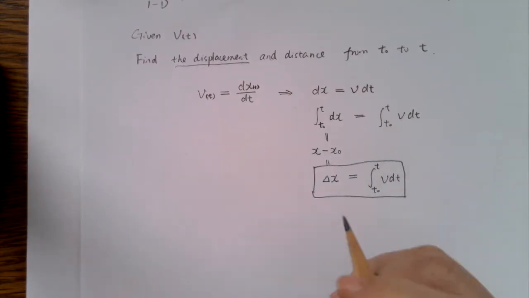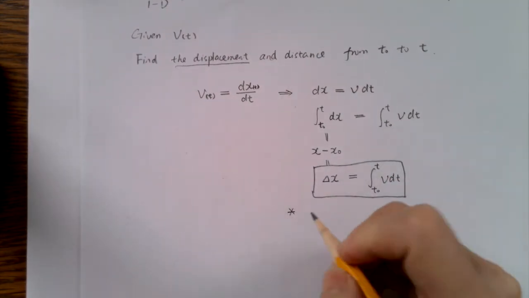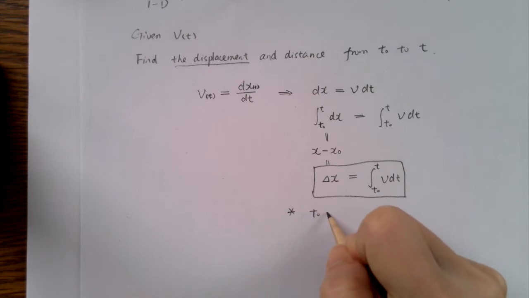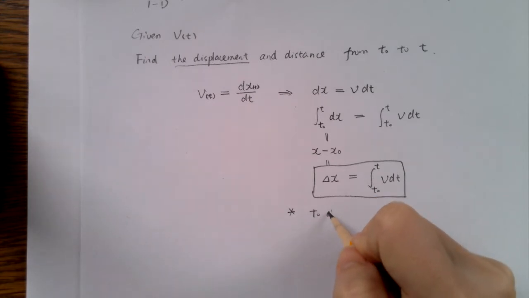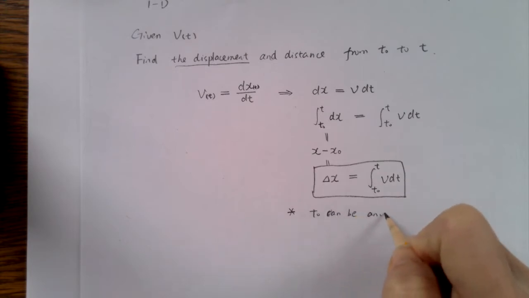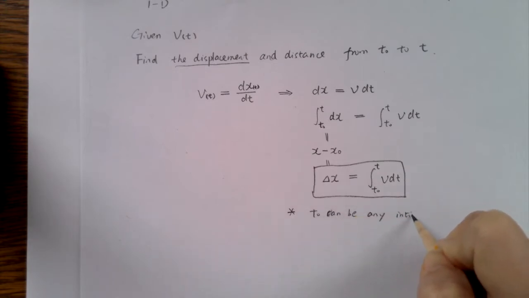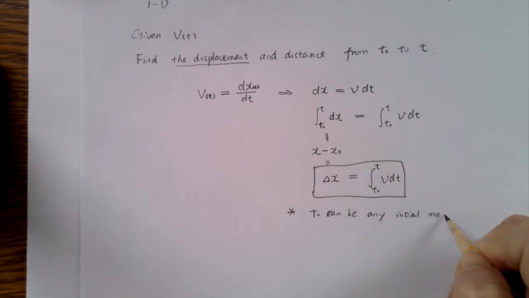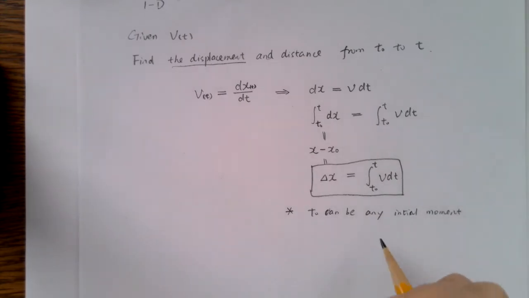So there are two things I want to remind you. I put star here. First, t sub 0 does not need to be 0 all the time. So t sub 0 can be any initial moment, or can be any moment. We call it initial moment. It can be t equals 2 seconds, 3 seconds, 10 seconds, does not matter. So try to change your mindset here.